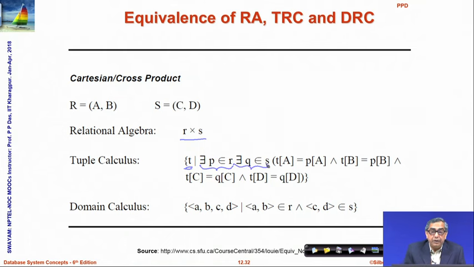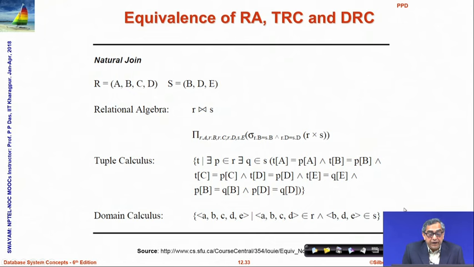There must be a tuple Q in S, the right relation, so that the final tuple T matches P on the A, B attributes, that is the attributes of relation R, and the components of T match the tuple Q in the attributes of S. If all these conditions happen together, then naturally this tuple T is a valid tuple for the Cartesian product. So, you could take examples and work this out and convince yourself that these are really equivalent.